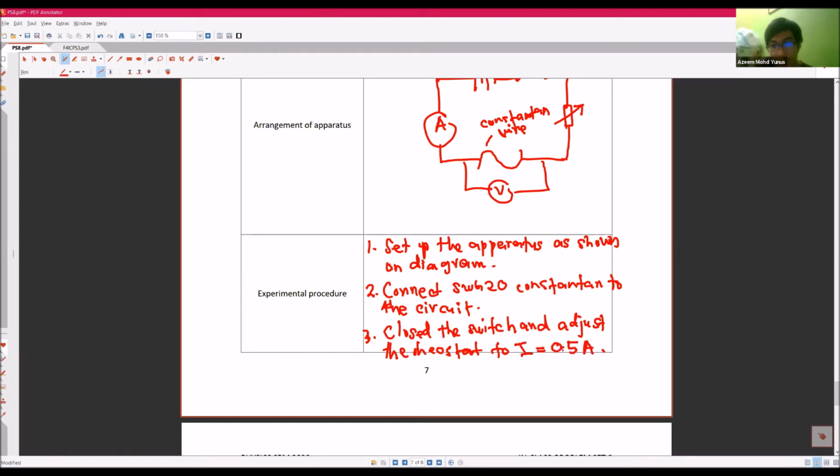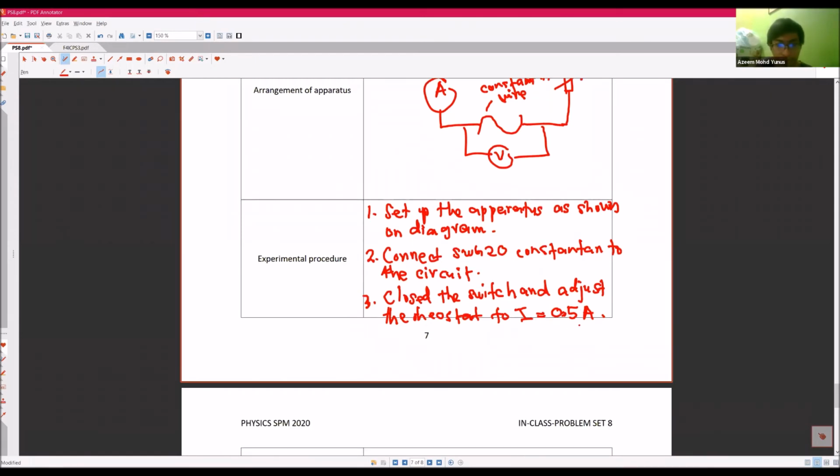So the value of 0.5 can also be 1.0 ampere. But you don't need to make it higher than that. Between 0.5 and 1 is good enough.